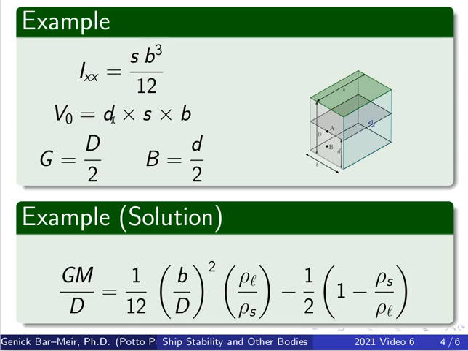The immersed volume will be little d times S B, and G is big D divided by 2. It will be in the middle of the whole thing because we have uniform material, and little b will be the middle of the immersed part. And the solution for this kind of thing is presented here.